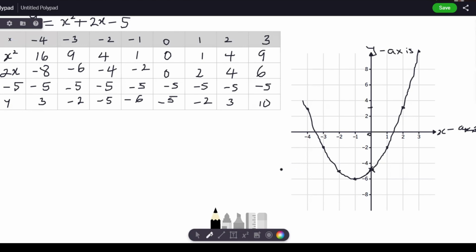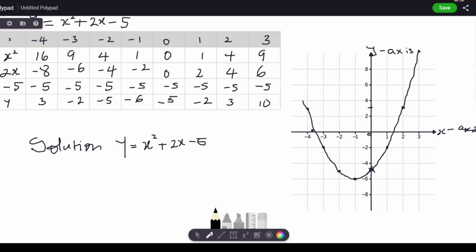All right. So what will be the solution then? The solution to y equals x squared plus 2x minus 5. What will be the solution then?